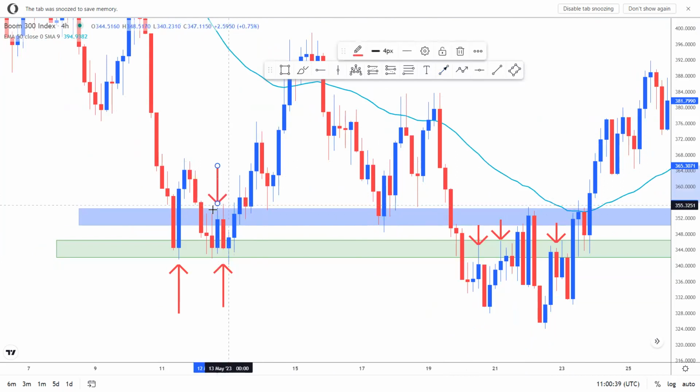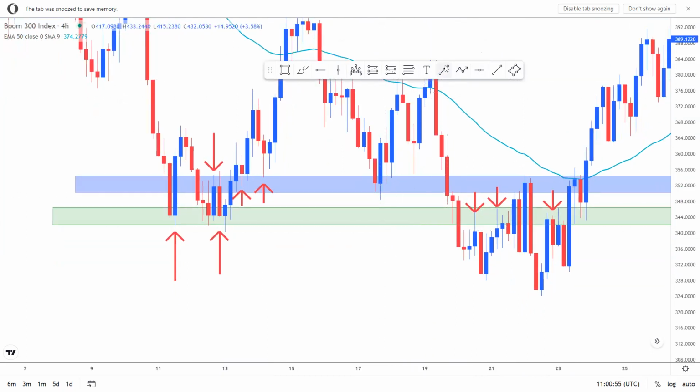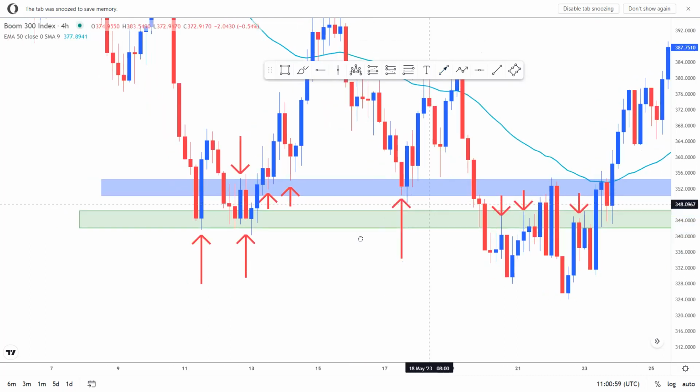You can see we have price find resistance here. We had price find support just at this level. We had price find support here. We had price find support right here.